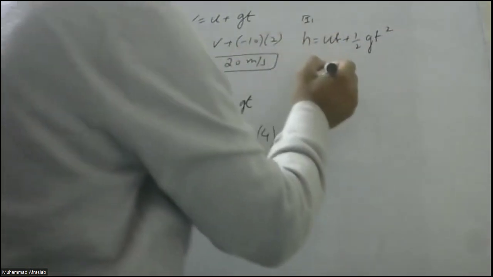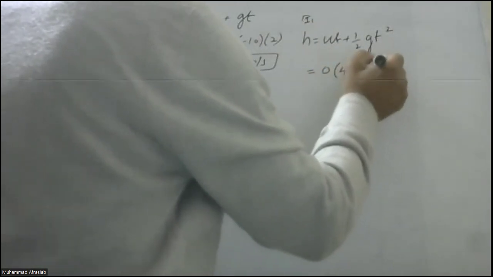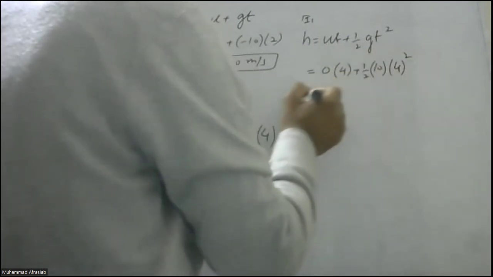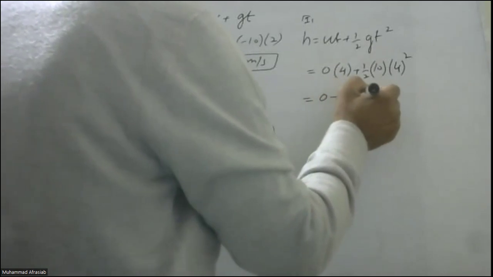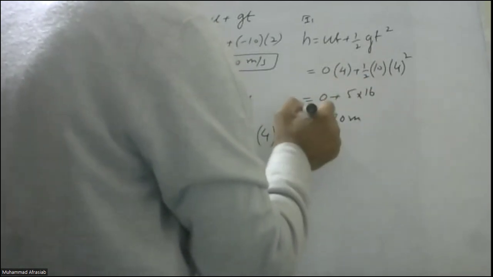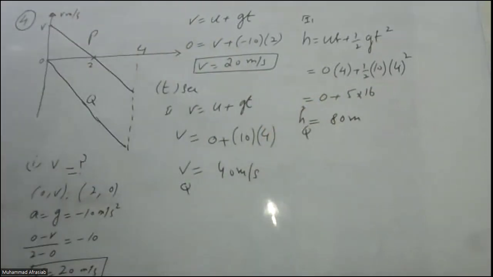So initial velocity will be 0 into time 4, plus half, g is 10, and t squared is 16. So that should be equal to 0 plus 5 into 16, which is equal to 80 meters. So the height of Q above the ground is equal to 80 meters when it starts moving.